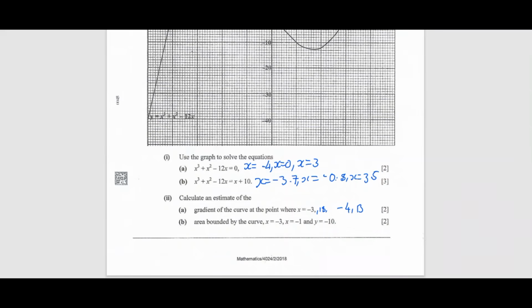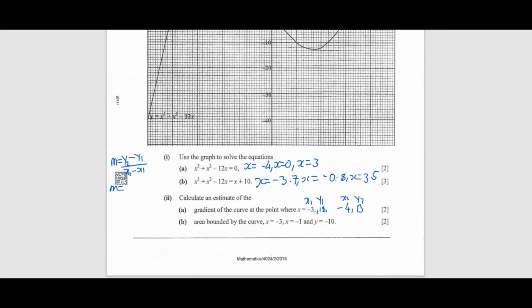So let's solve for gradient. We know that gradient is equal to y2 minus y1 over x2 minus x1. So we'll consider this one x1, x2, y1, y2.